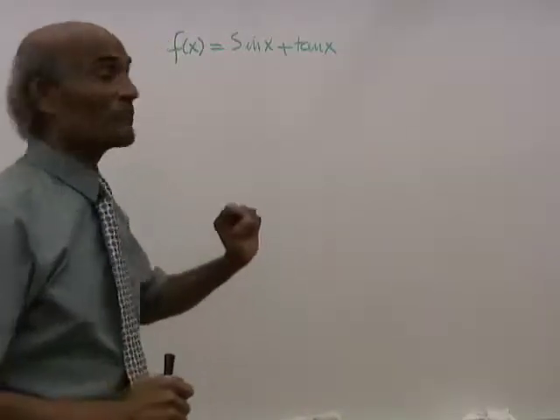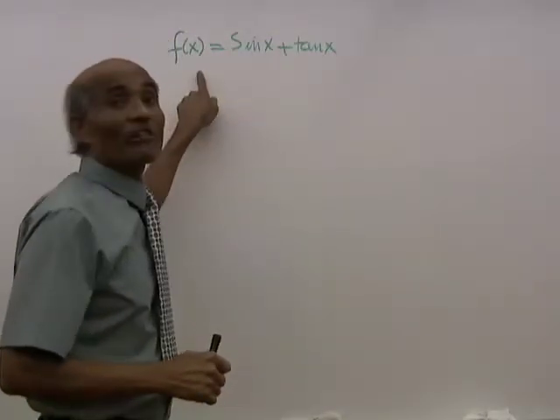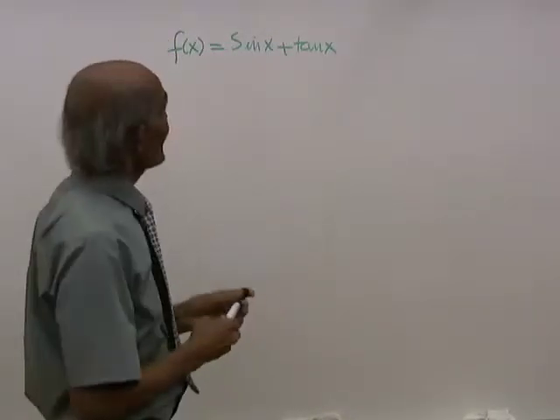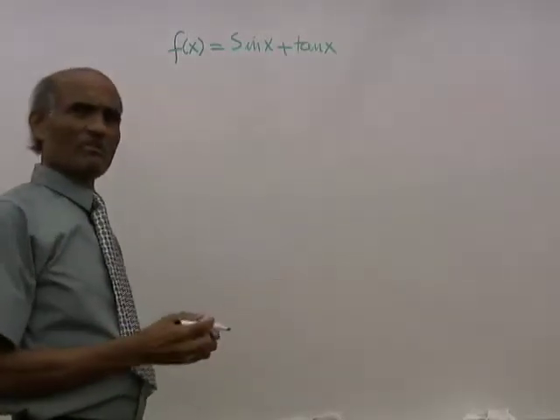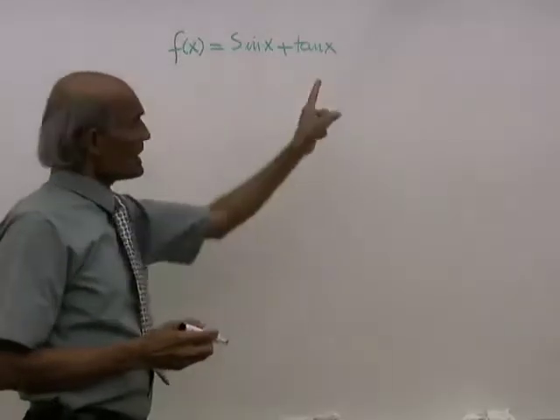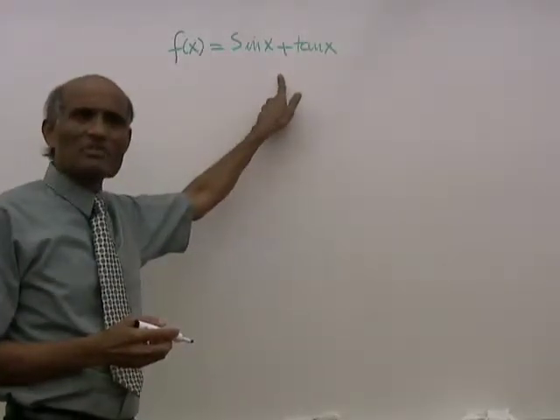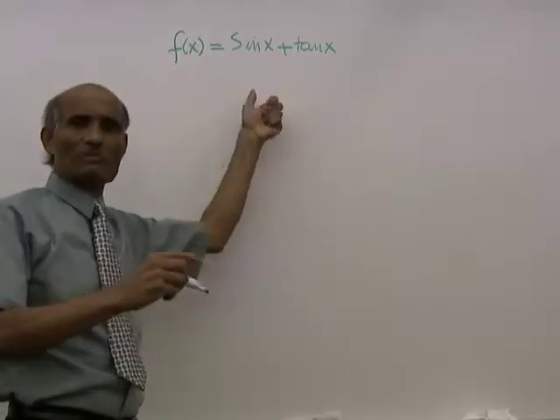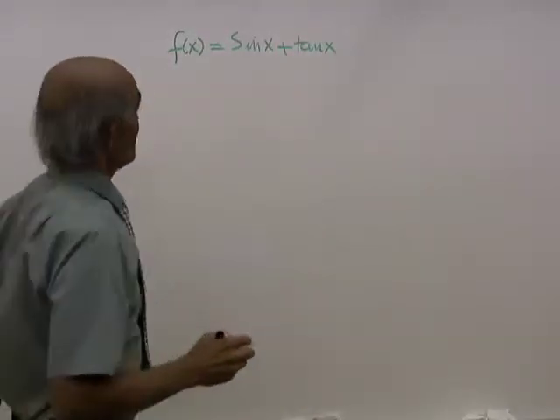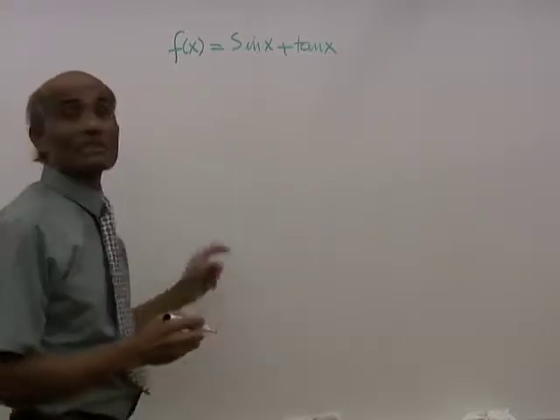Let's now find the critical numbers of f of x equal to sine x plus tan x. Well, it's a peculiar function, is that right? Would you like to draw the graph of this and see how that looks? Or maybe you can do that after we find the critical numbers. So f of x equal to sine x plus tan x.